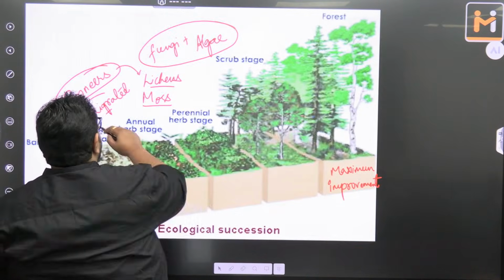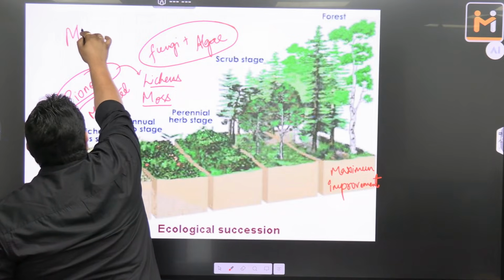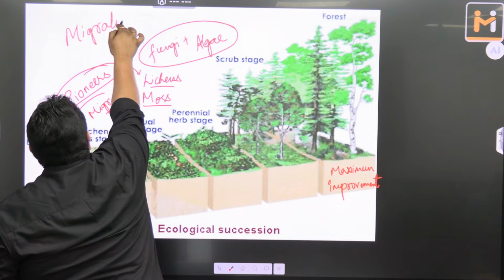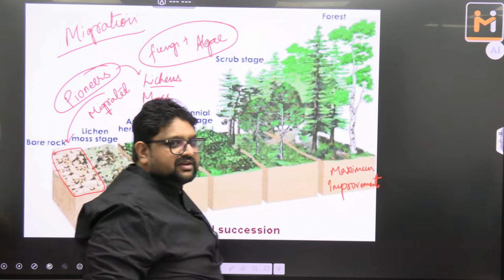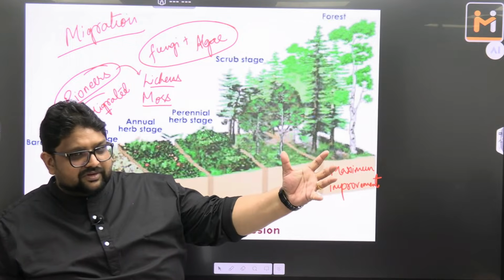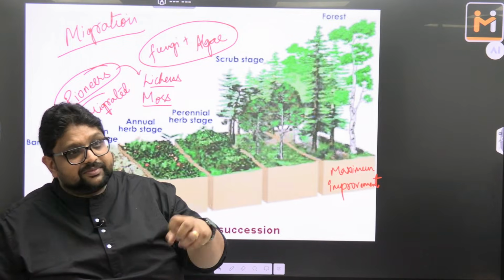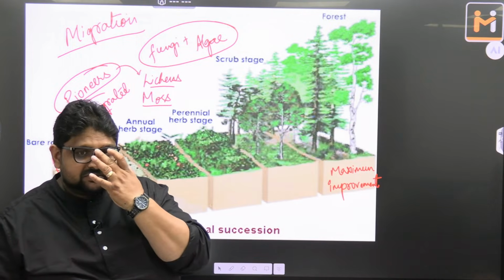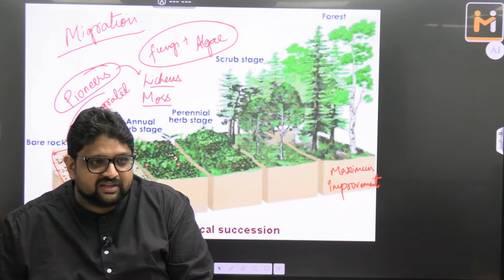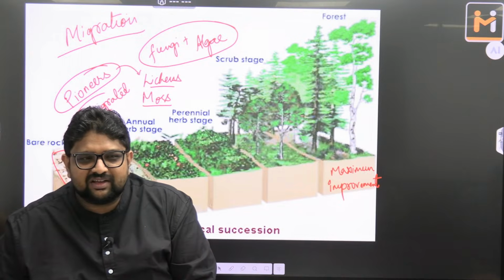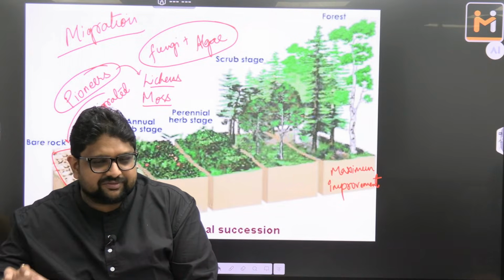First one, migration. Migration is the process of arrival of a new organism into a new area. Some organism, mainly mosses and lichens, will come to the barren rock.